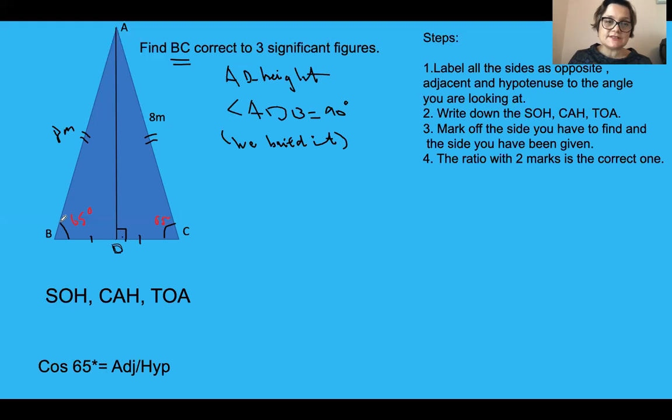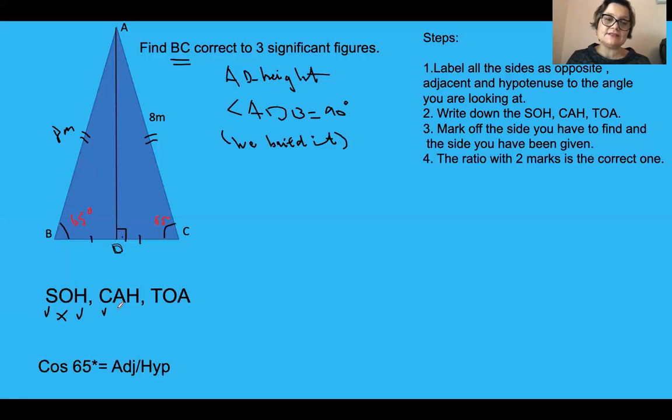Sine 65 equals opposite over the hypotenuse. We know the hypotenuse, we know the angle, but we don't know the opposite, and we don't know this one here. The side that we need to find should be in one ratio. Let's look at the cosine. We know cosine 65 degrees, you can use the calculator.